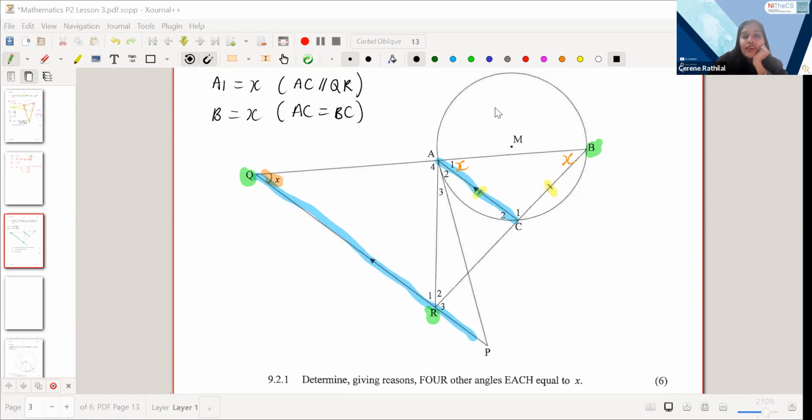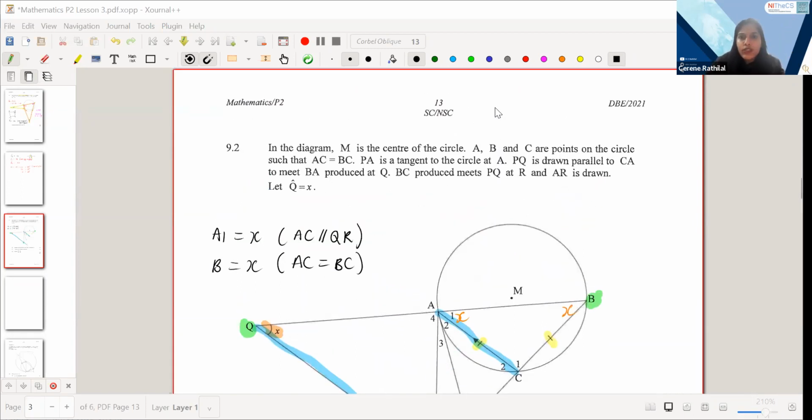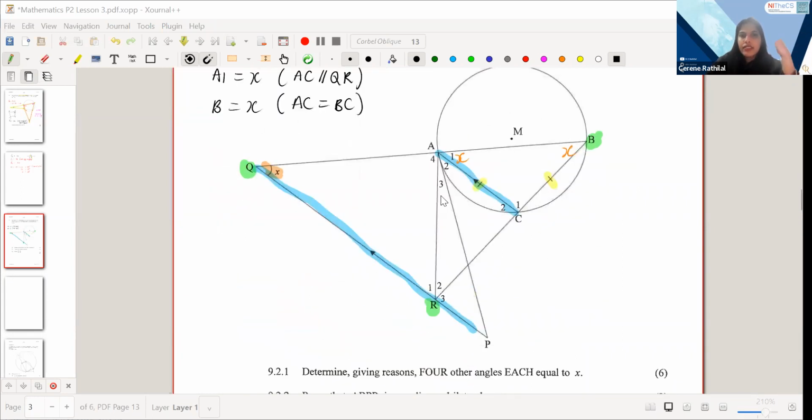Okay. So what other information are we given? We said we have a tangent, right? So we've got a tangent PA at A. So let's keep track of that. I've got a tangent. Okay. So let me highlight a specific part of this diagram for you.